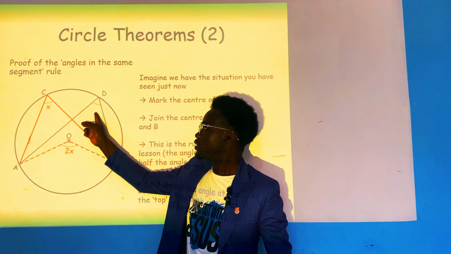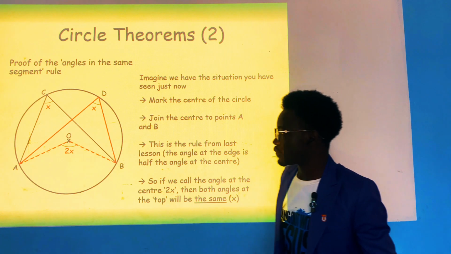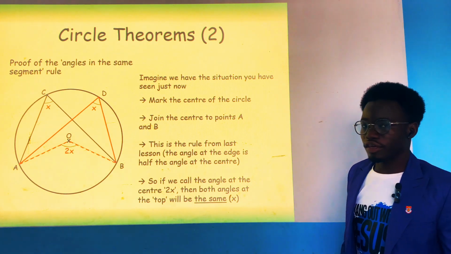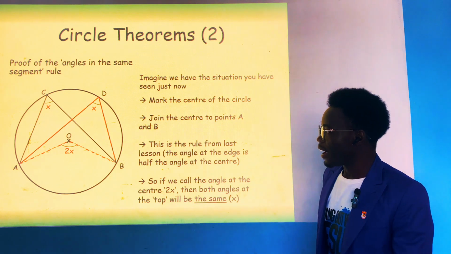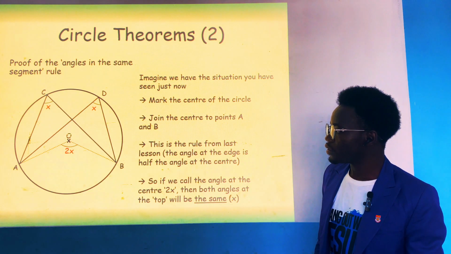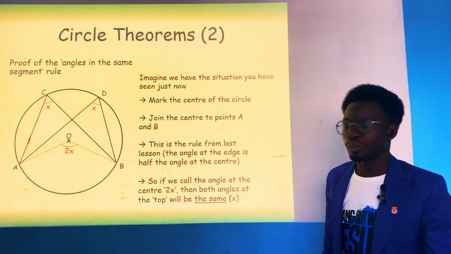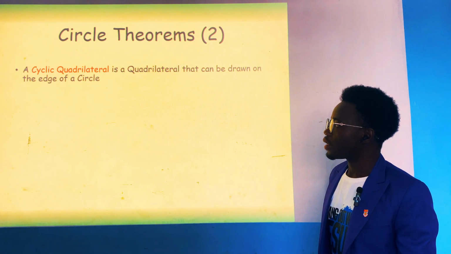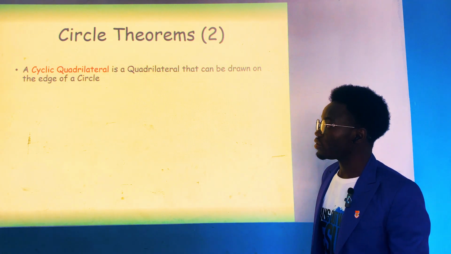And here also will be x. Good. Just follow. So this is 2x, here must also be x. Again, remember that the center is labeled as O. That's the property we just looked at.